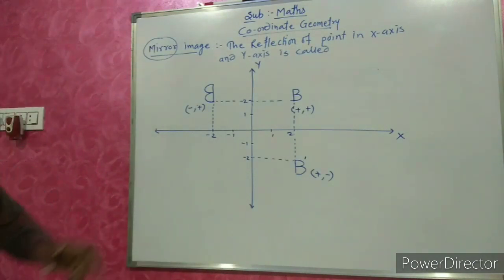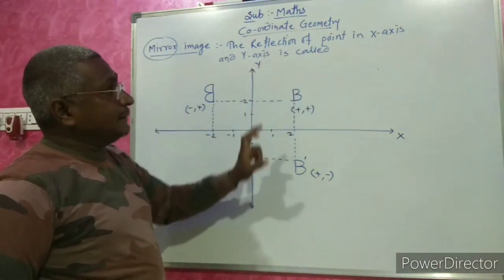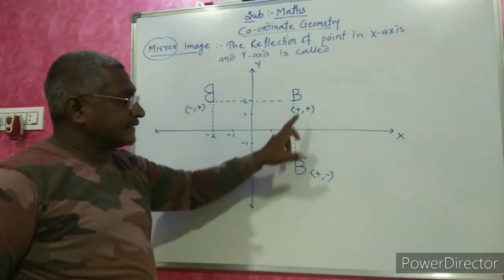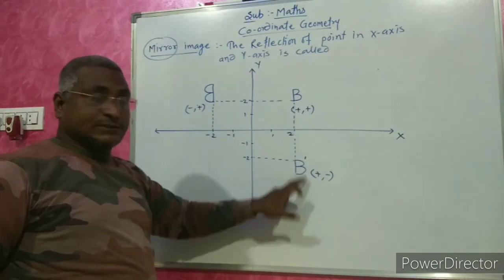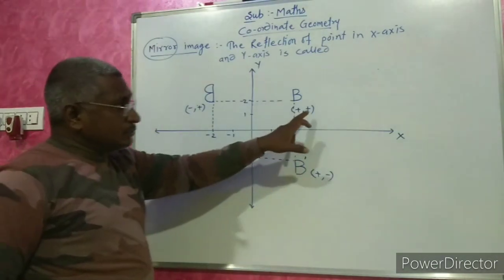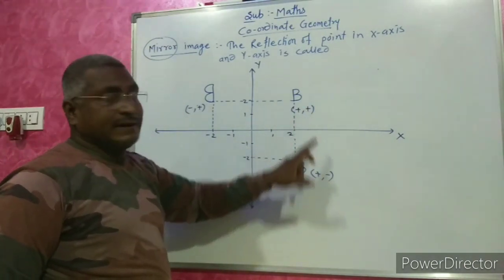So what you observe is, if the point is in the first quadrant and the mirror image is in the x-axis, the sign of the x coordinate remains the same. Then what will change? The sign of the y coordinate will change.